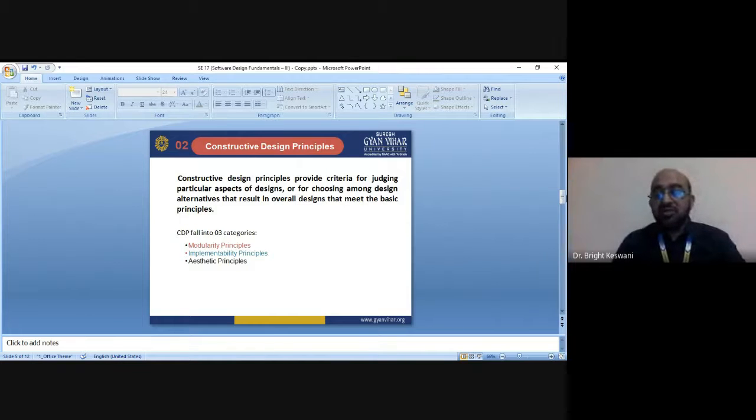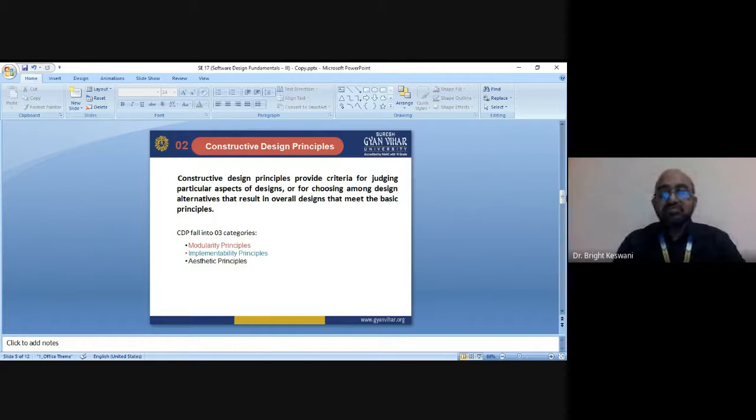Several important constructive design principles are about how to design good modules. Module related principles provide suggestions on how to design good modules.